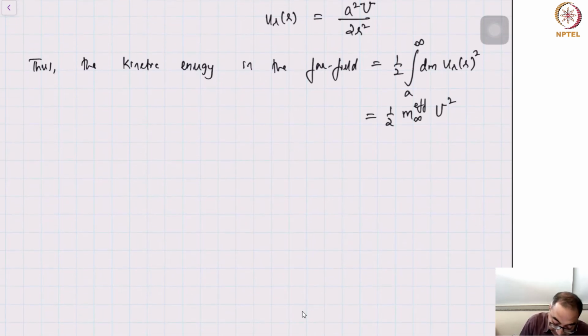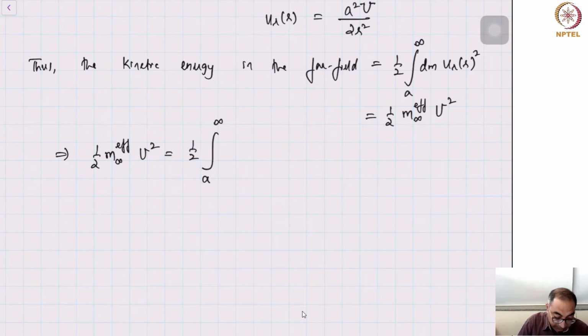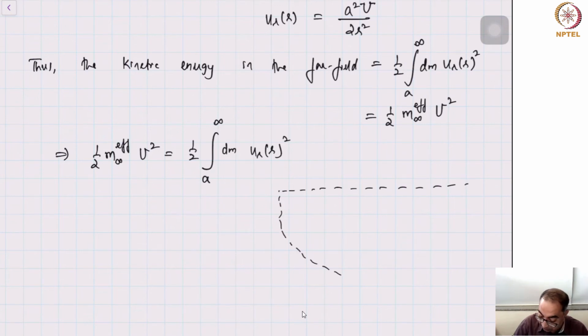And we can easily calculate this. M infinity, this effective mass times U square, is the integral from a to infinity of dm u of r, at some radius r, whole square. So in other words, I'm doing the following integral. This is at some r. I have a spherical cap region here.